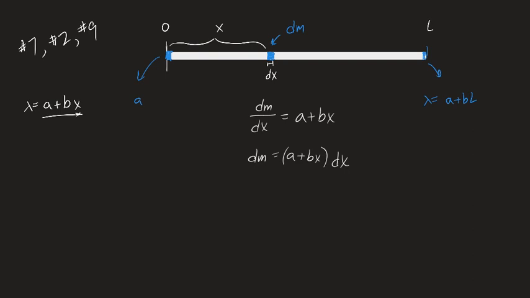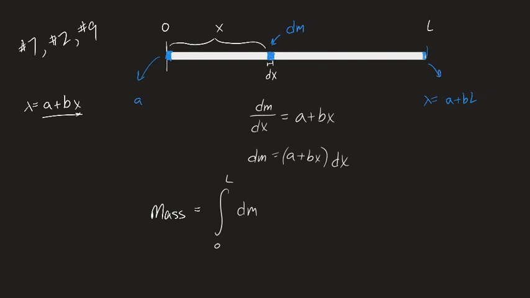I'm going to do mass first. We need the mass of the bar. The mass of the bar is adding up all of the pieces of the bar. That's how you find the mass of the bar. I'm going to start with the piece that's at 0 and end with the piece that's at a distance L away. Now, I would like this to just equal m, but it doesn't, because I don't know what it equals.